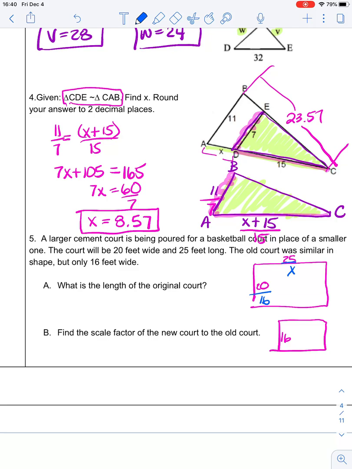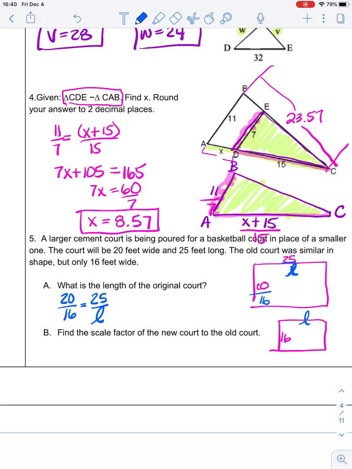Well, I can compare length to width. So if I come over here, and some of you might not need to do this, that's okay. My original length, I'll call it L. So I've got 20 over 16 is equal to 25 over L. So the ratio has a scale factor of 5/4, so it would be 4/5 as big.